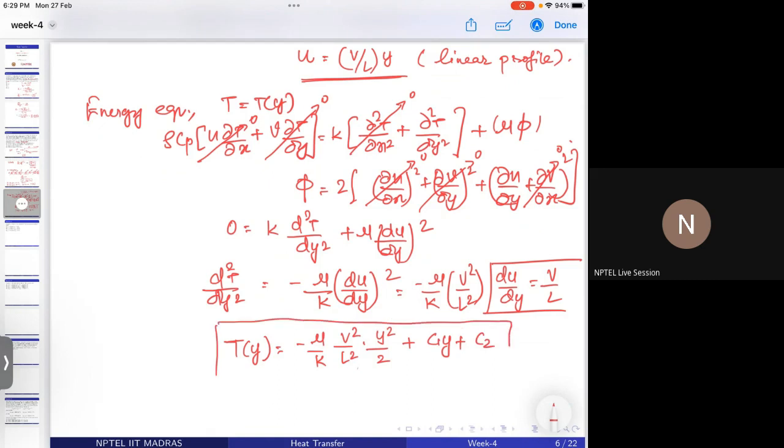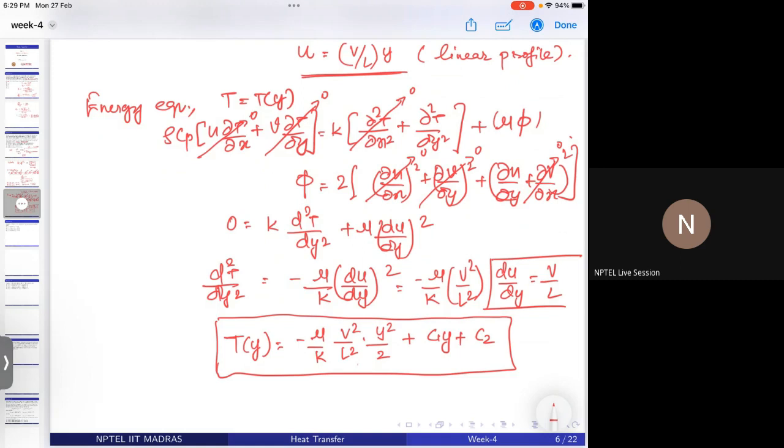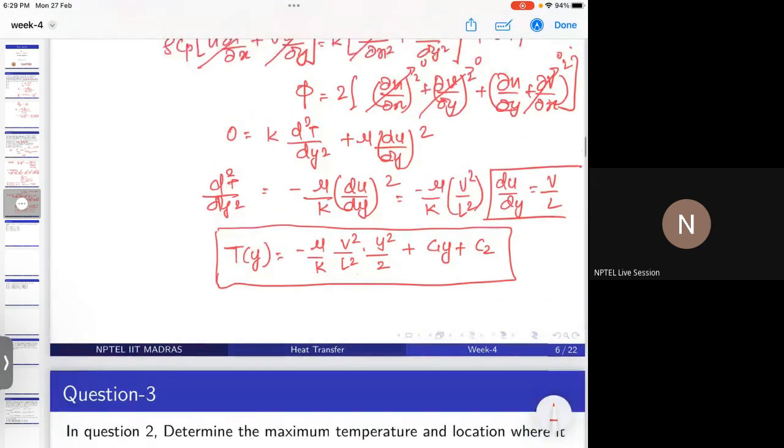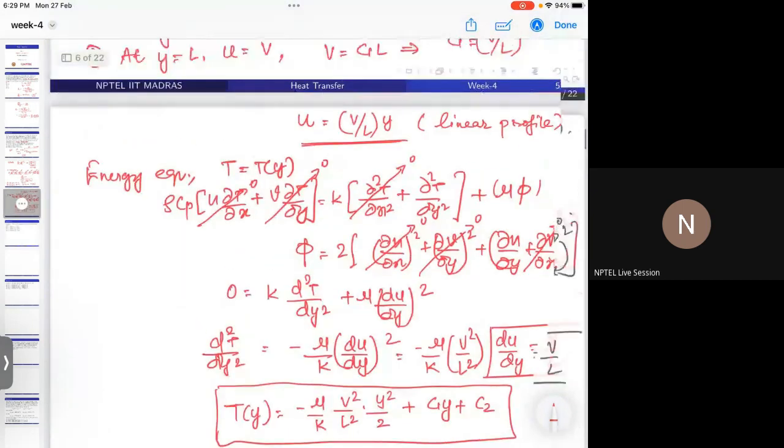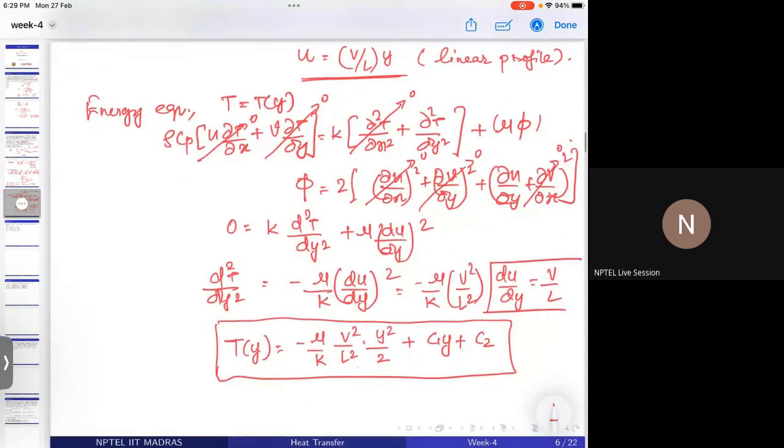So this is the temperature profile. Okay. If you put the boundary conditions, you can find out the constants C1 and C2, because at y is equal to 0 and y is equal to L, the surface temperatures of the plates are given.